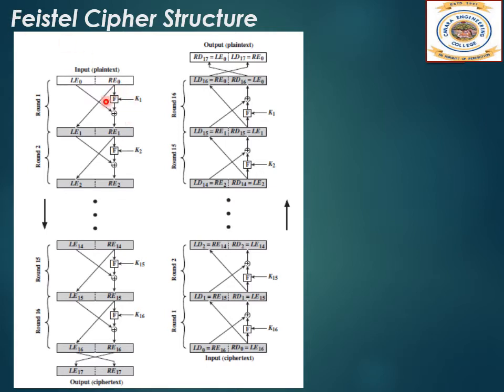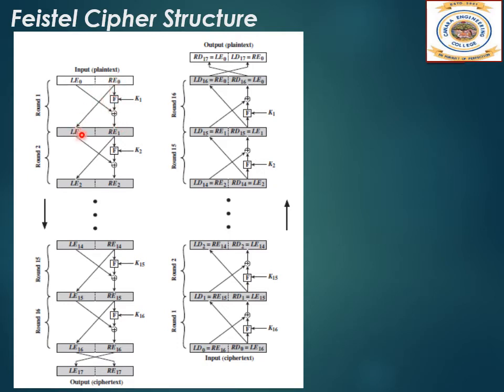Once the round function is performed, a permutation is performed by exchanging the left and the right halves.